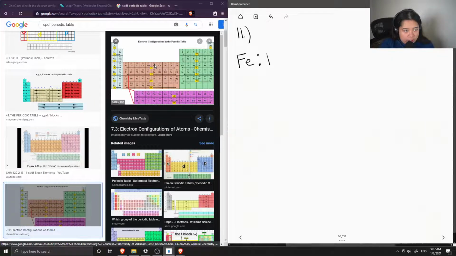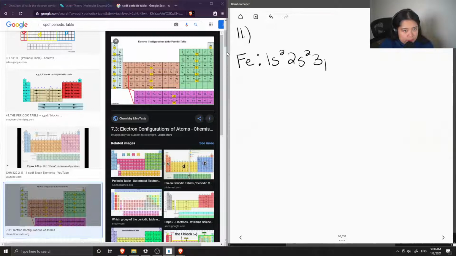So in the case of iron, we would go down and see 1s2, 2s2, and then here 2p6, and then down to the next row, 3s2, and then across 3p6, and then once we get to the transition metal part, I like to write my D block in first, since they have a lower energy than our 4s orbital.